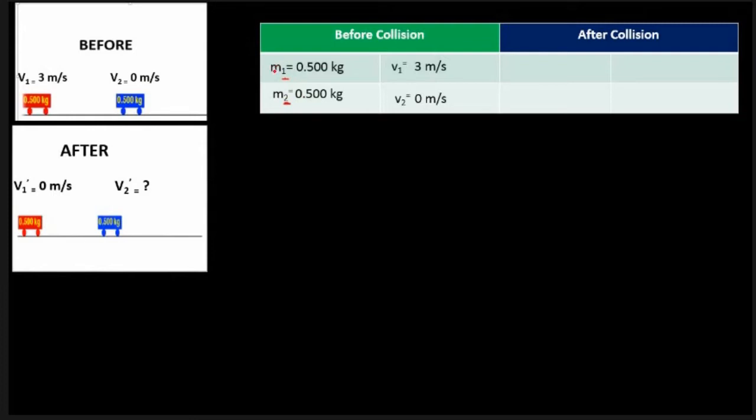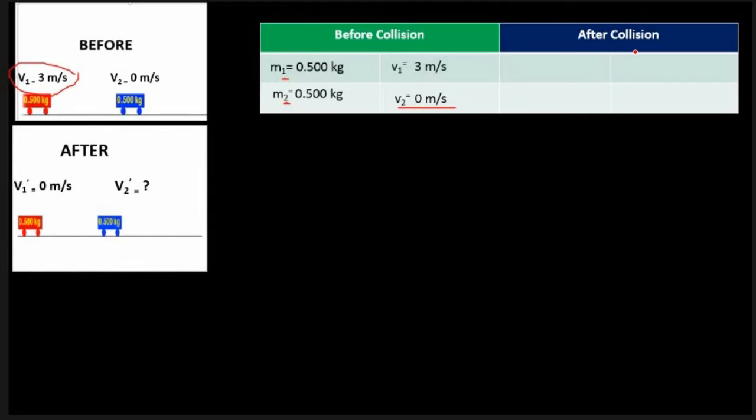So m1, the mass of the red card, is 0.500 kilogram, and its velocity before the collision is 3 meters per second. Then m2, the mass of the blue card, is the same, 0.500 kilogram, and it is at rest, so its velocity is 0 meters per second.